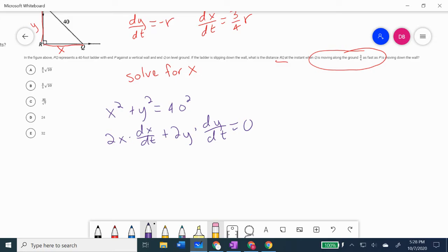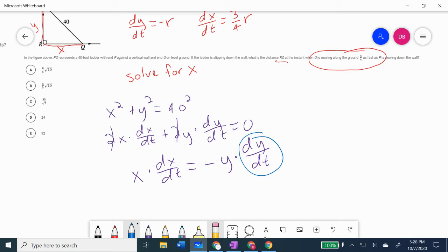I am going to divide by 2 and subtract over to the other side so that I have x times dx/dt is equal to -y times dy/dt. Now, dy/dt is going to be replaced with -r, and dx/dt is going to be replaced with 3/4 r.